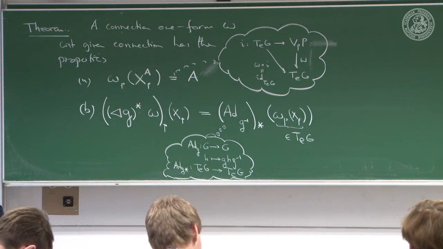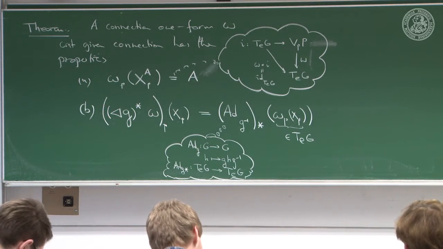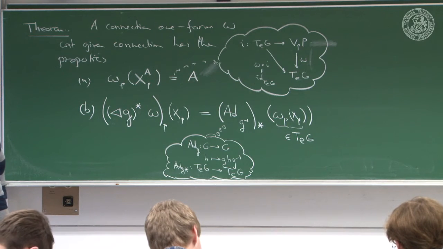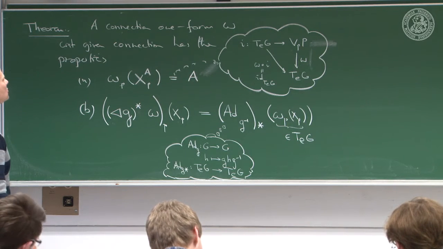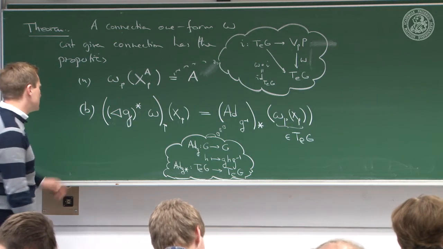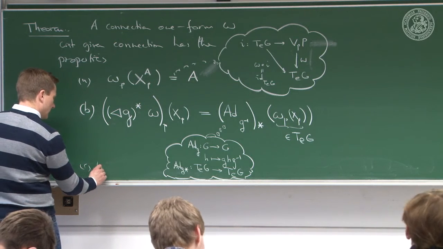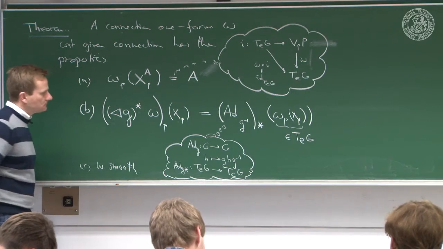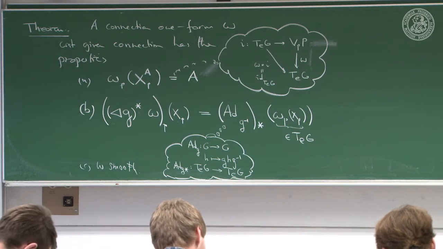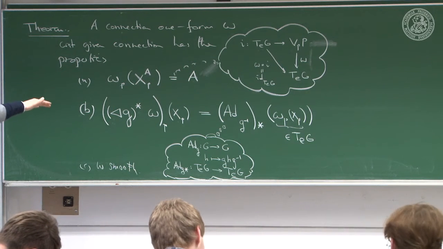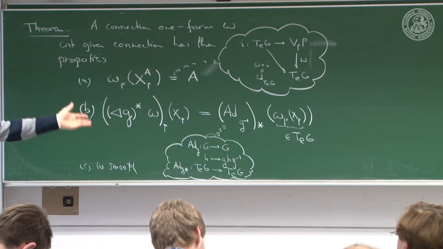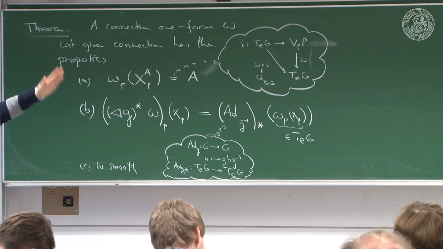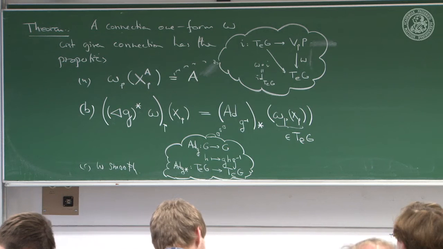Why exactly it looks like this, we'll see in a second. Okay, so this is the connection one form, and the one form is smooth. Well, so that's the C property, that omega is a smooth one form. Now, more or less, this ABC corresponds to the ABC of the definition of the choice of horizontal subspaces.